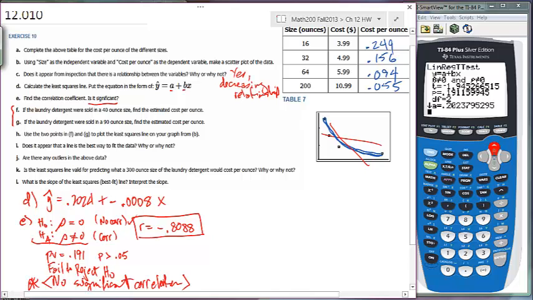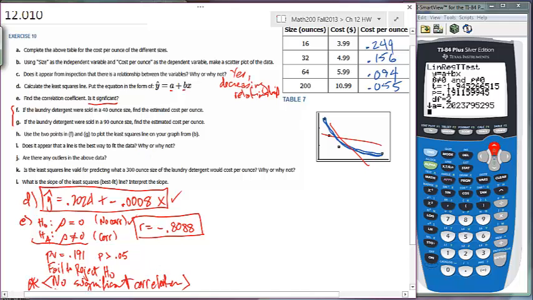Now, F and G, I may have to disagree with the way they're approaching this in the book. It says if the laundry detergent were sold in 40-ounce sizes, find the estimated cost per ounce. And then for H, they say use the points that you found here to plot the least squares line on your graph. So the reason why I don't like this problem is that it's assuming that the least squares line, this line right here, should be used to estimate the cost per ounce.